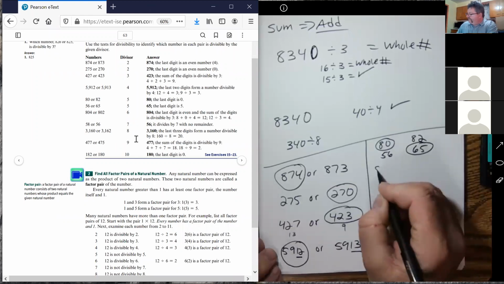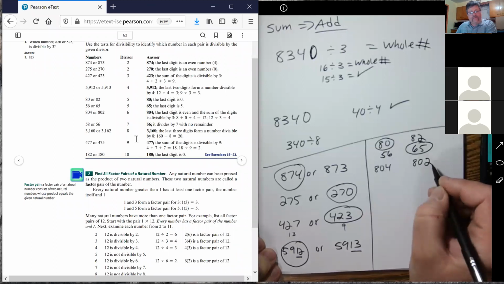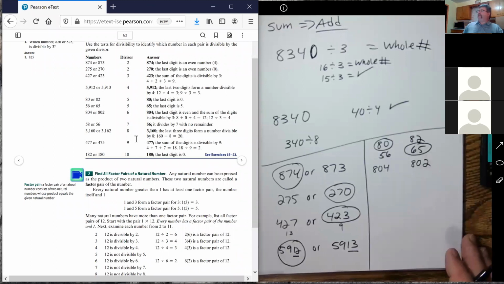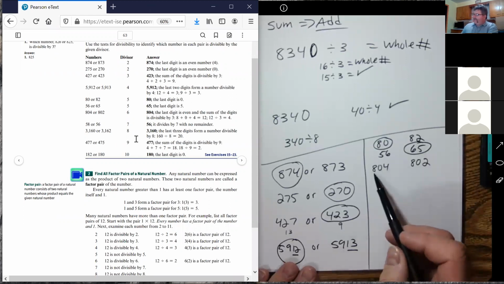804 or 802. And can we divide by 6? Okay, well, the rule for 6 was it has to be divisible by both 2 and 3. So it has to be an even number, which they both are. So they both pass the divisibility by 2 test. But by 3, well, 3 said add the digits together. So this one I'll get a 12.